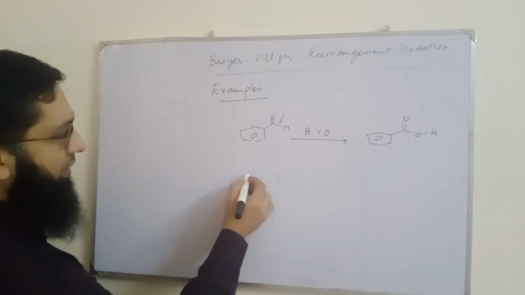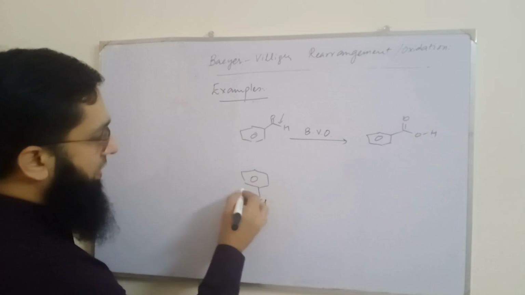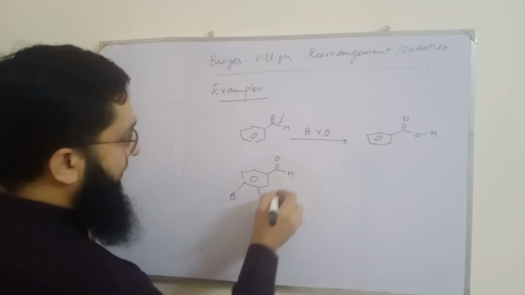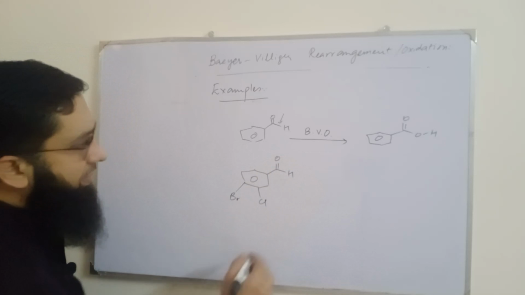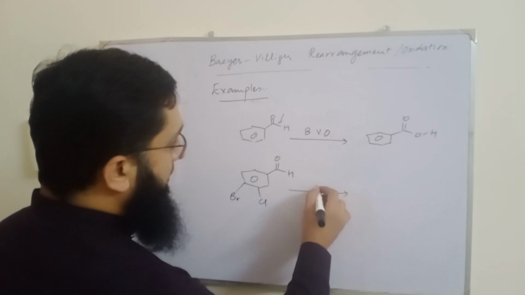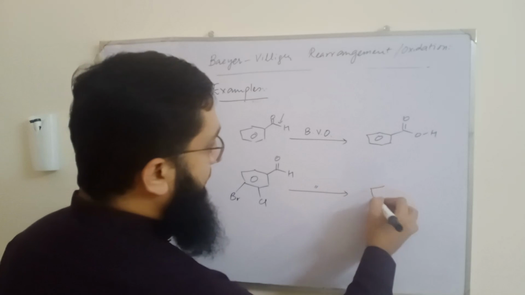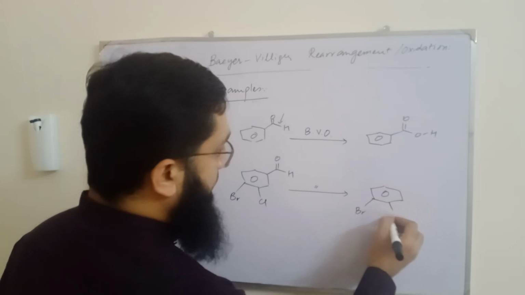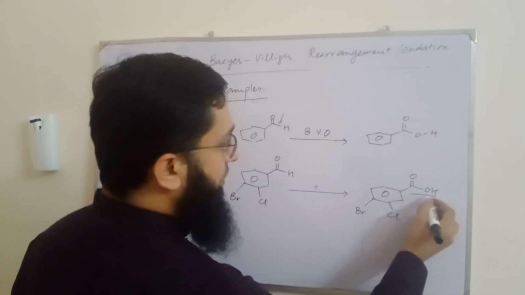And similarly, if a reaction is done with 3-chloro-4-bromobenzaldehyde in the presence of peracid, we get this benzoic acid as a product.